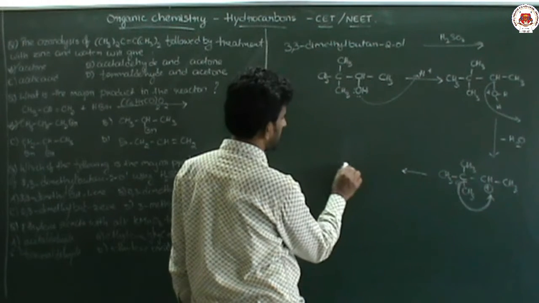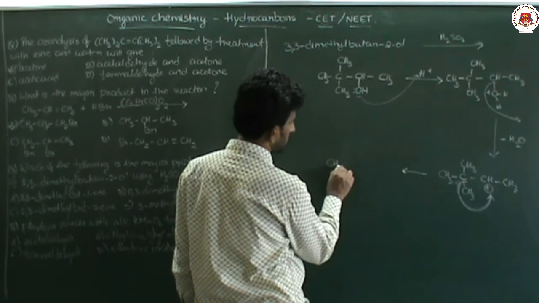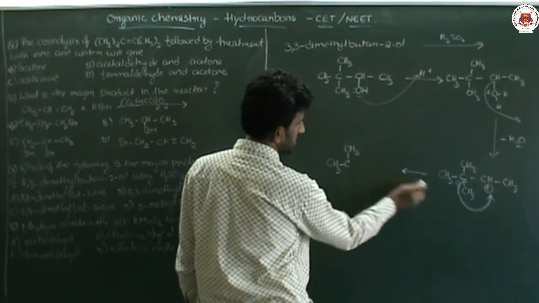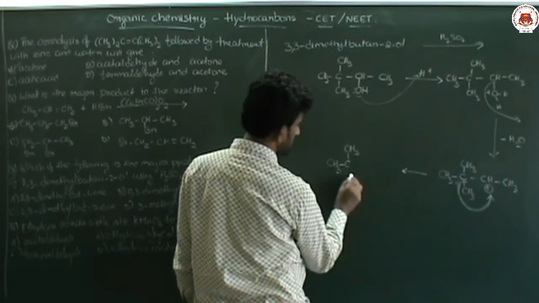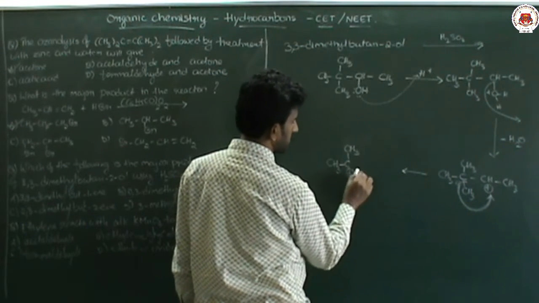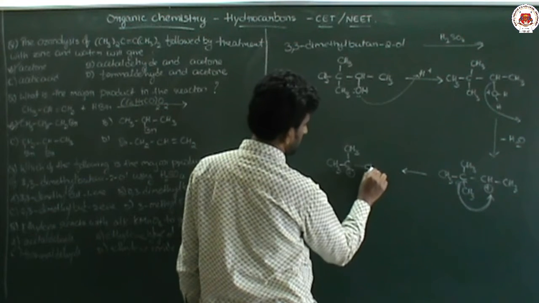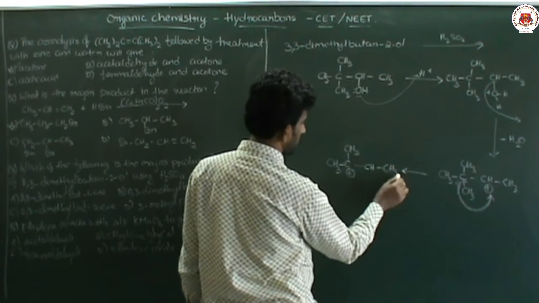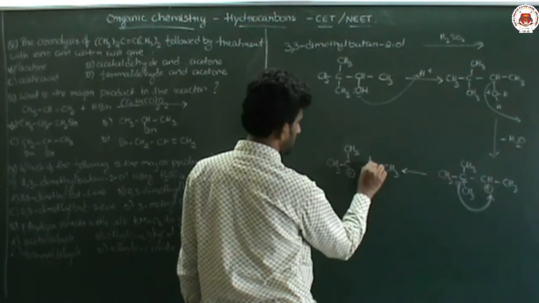What is that stable cation you will get now? CH3, C plus, CH3. This methyl group removed with its electrons means here you get the positive charge, CH, CH3 and CH3.